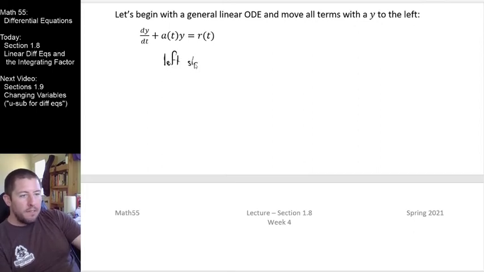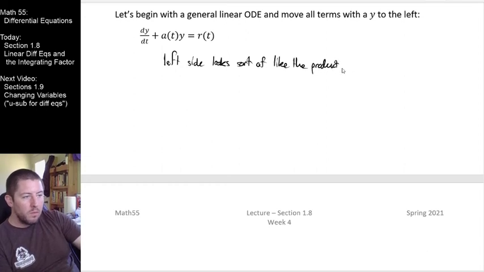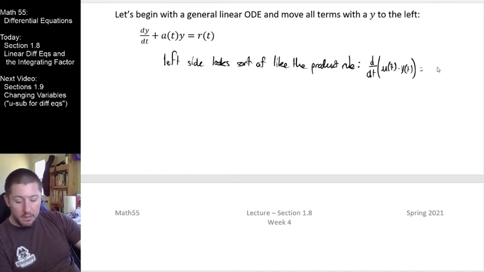That's okay. Left side looks sort of like the product rule. We know what the product rule says. It says that if you take the derivative with respect to t of mu of t times y of t, what we should be getting is we'll leave mu of t alone.